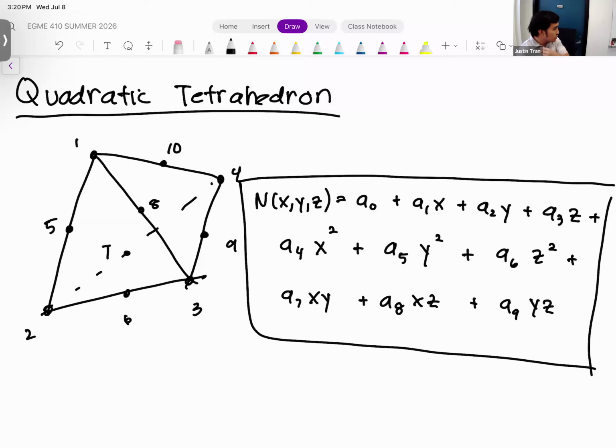So you can see that even making the jump from linear to quadratic here makes a pretty big difference. We're going from 4 terms in our shape function up to 10, and so that's over 2.5 times the cost.